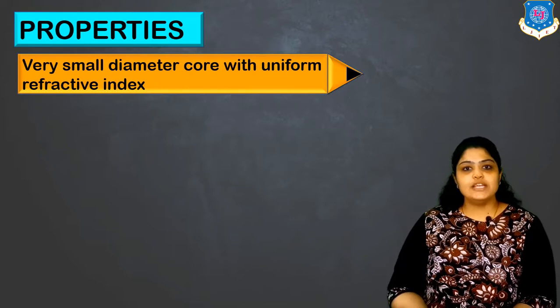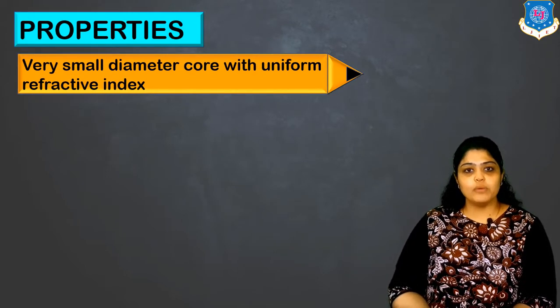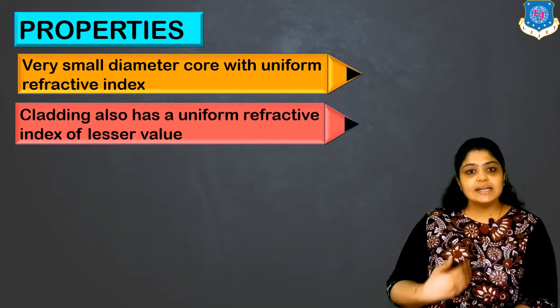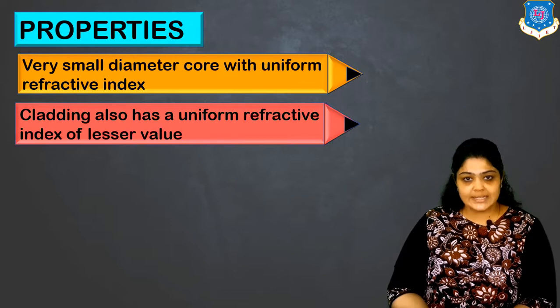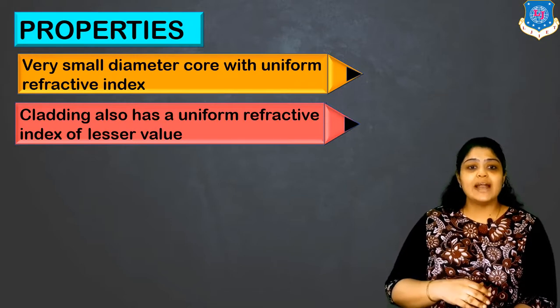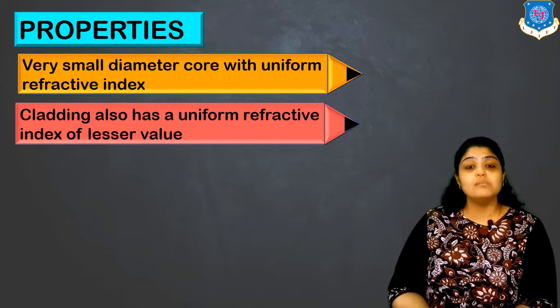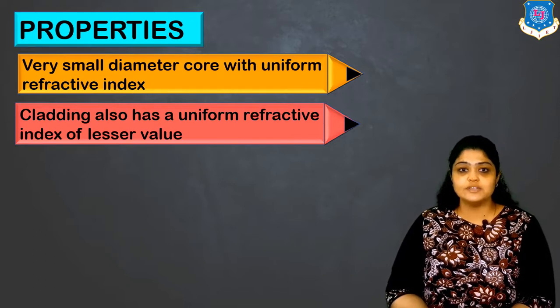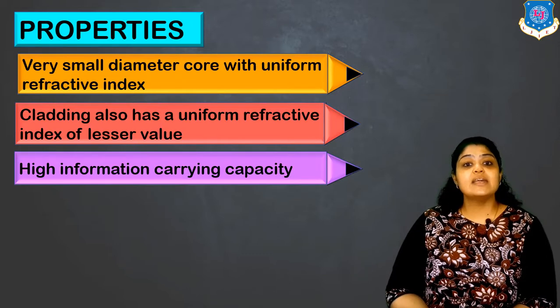Let's see some properties of this fiber. It has a very small diameter of core with uniform refractive index. It has a cladding which also has a uniform refractive index, and that is of a lesser value. Obviously, the cladding should have a lower value compared to the core, otherwise you won't get TIR because one of the conditions won't be satisfied.